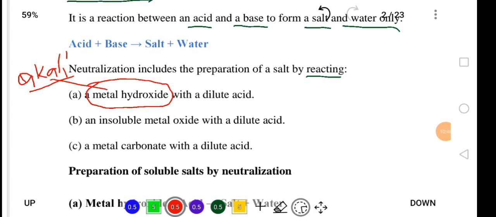We can also prepare a soluble salt using an insoluble metal oxide with a dilute acid.